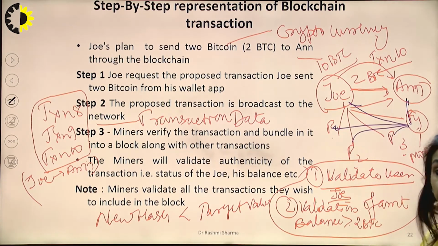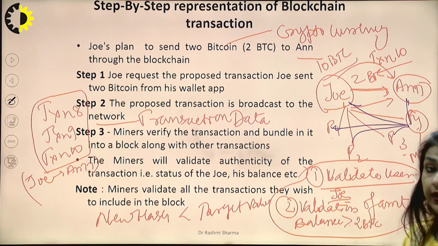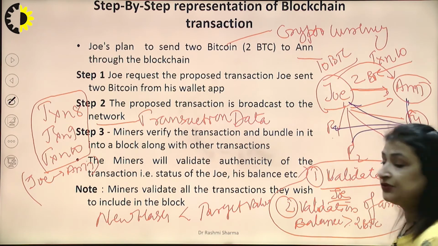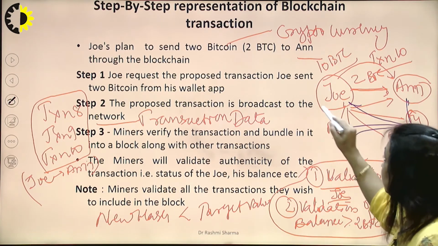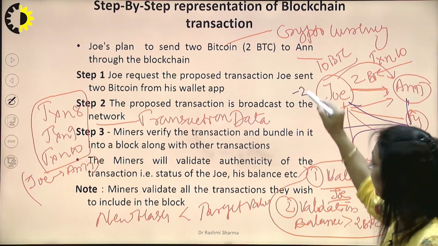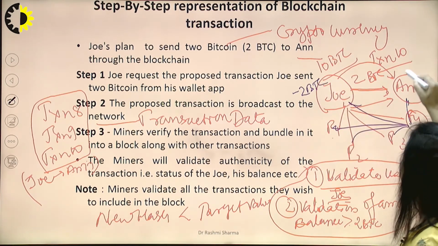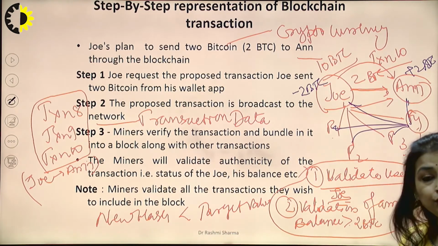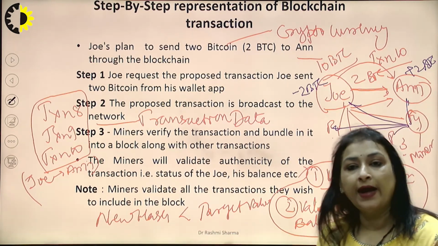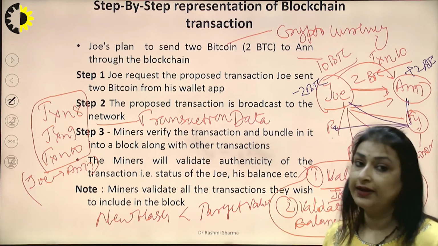When this block is being transferred, Joe's account is minused by 2 bitcoins and N's is added with 2 bitcoins. So the balance of Joe is being deducted and the balance of N has been added.